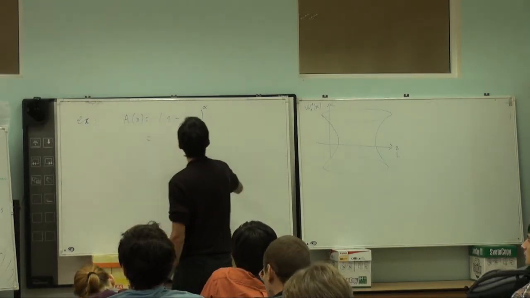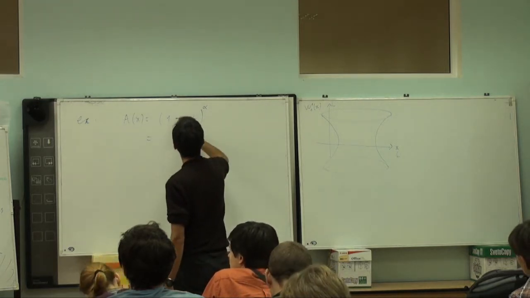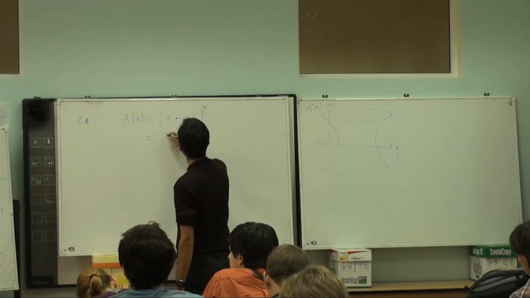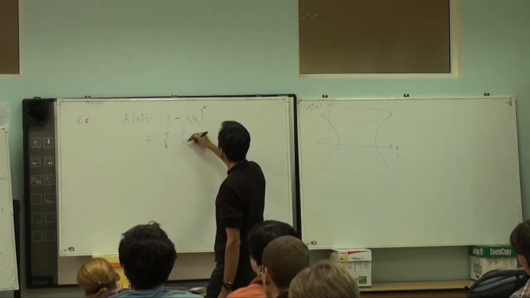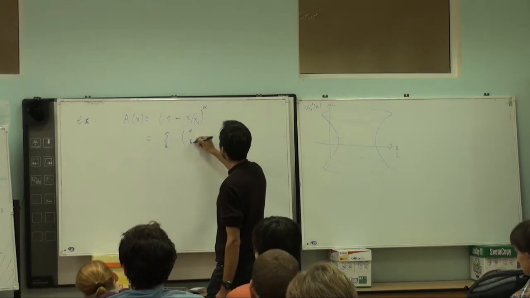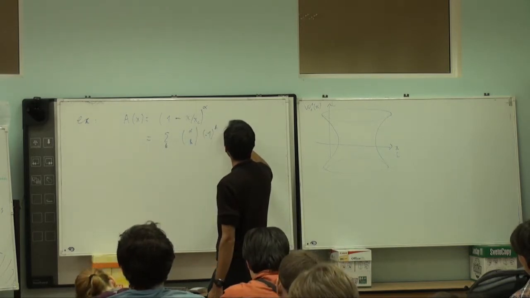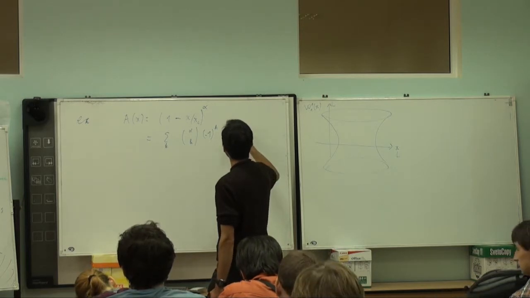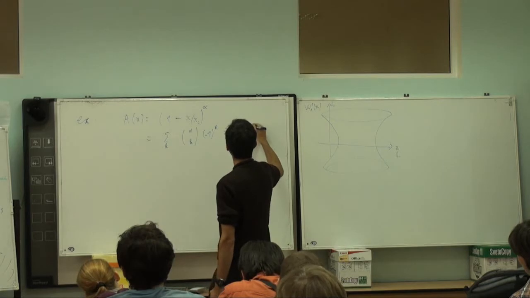Then we can expand that. Let's put a minus. So this is the sum over k of binomial alpha k, minus 1 to the k, x_c to the minus k, x to the k.